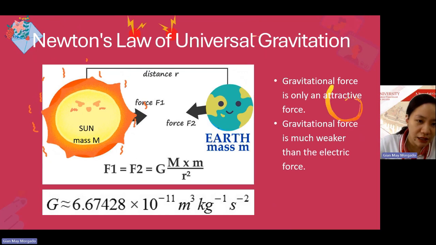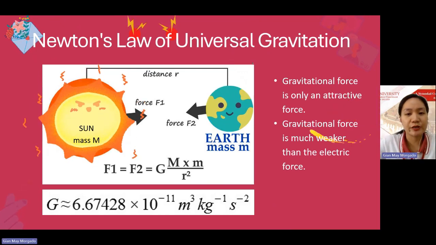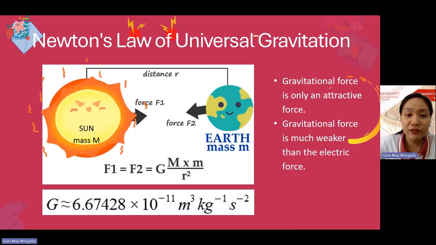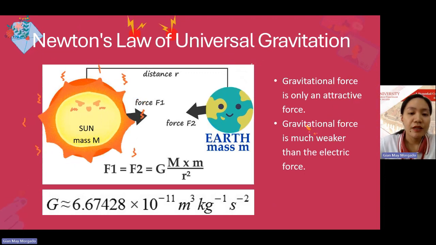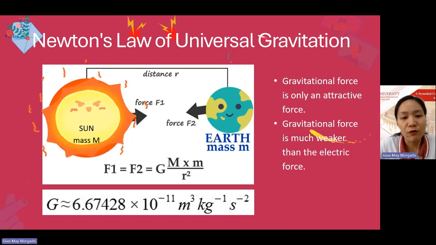For example, the sun has a certain mass, capital M, and the earth has another mass, small m, and these two masses exert an attractive force toward each other, which can be calculated using this formula: F equals G times capital M times small m over r squared.